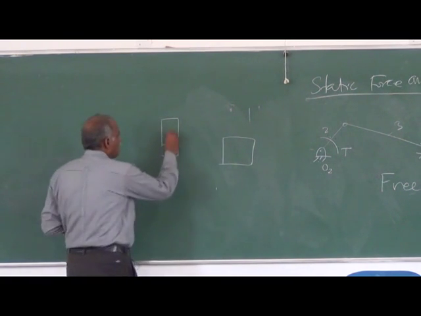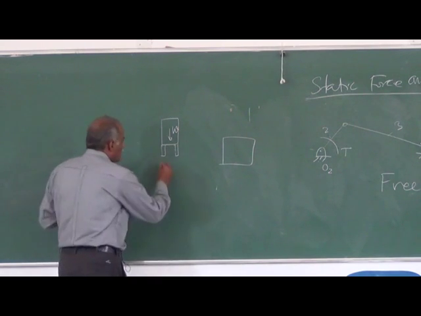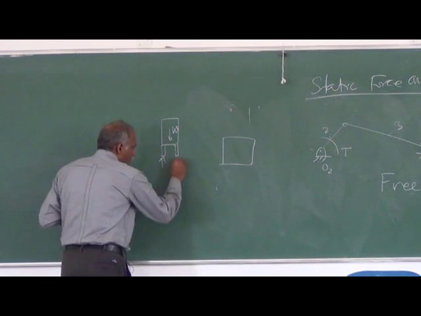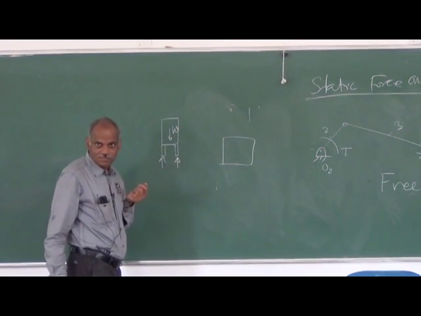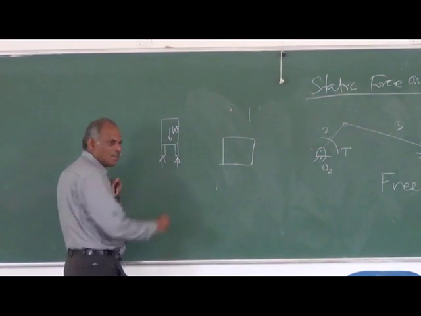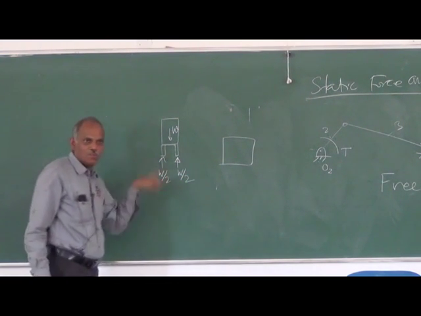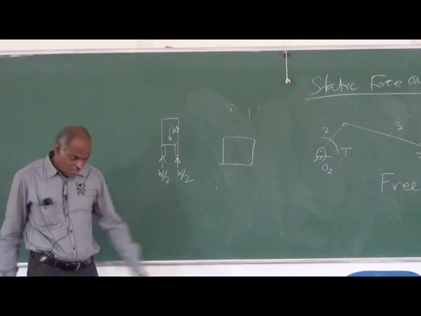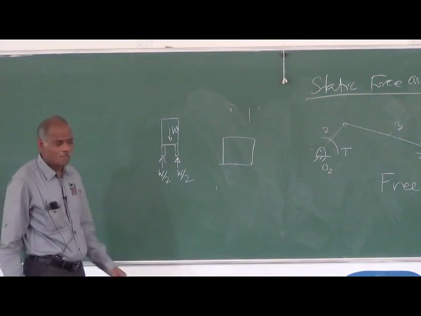So let it be the chair, and you have the active force W, and you will have the reactions from the floor. If it is two-legged, it is W by 2 like that. Of course here it will be W by 4 because you have 4 legs.